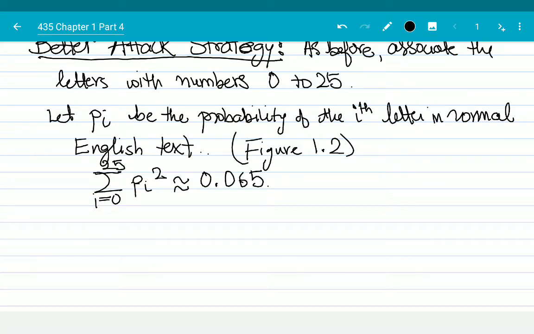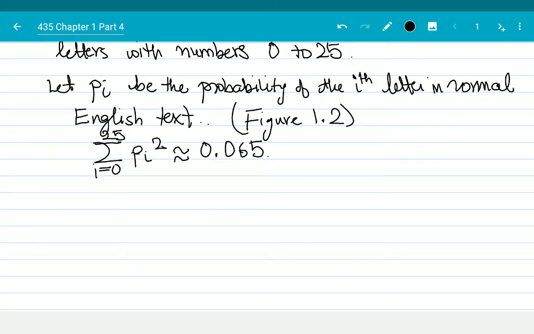Now, this is a really small number, 0.065, yes, but if we assume the probability of every letter is 1 over 26, the sum of squares is about 0.04, so this is a bigger number. So we are dealing with small probabilities, but this is what we get.